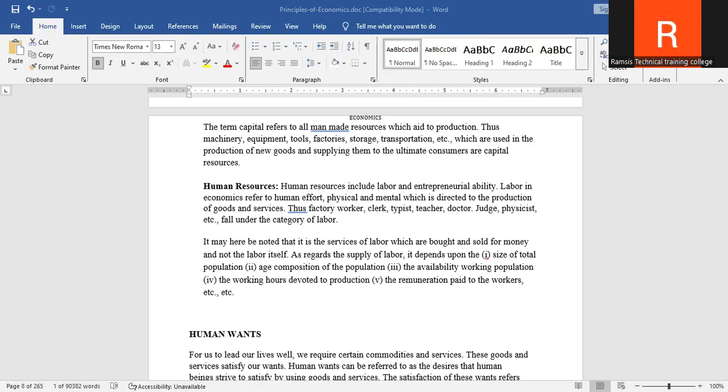So economies are basically the benefits of large scale.